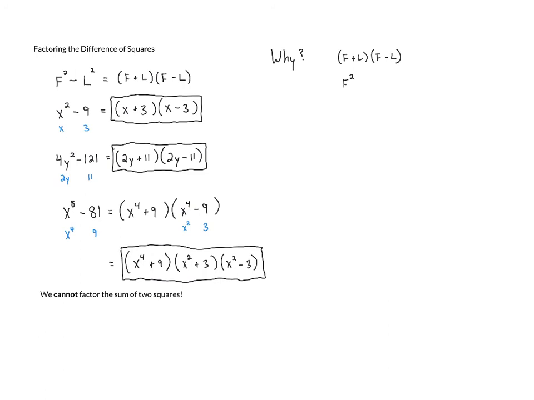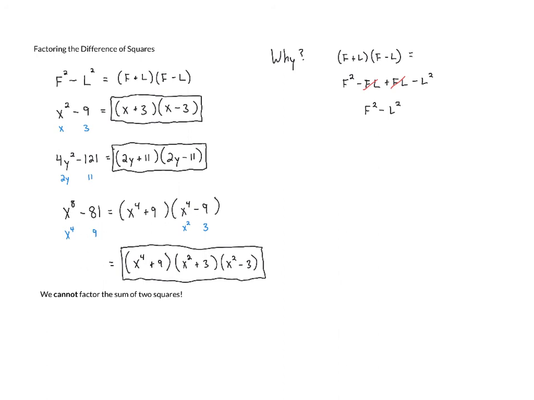The product of the outer terms is minus FL. The product of the inner terms is plus FL. And the product of the last terms is minus L squared. And we notice that the negative FL and the positive FL cancel, giving us F squared minus L squared.